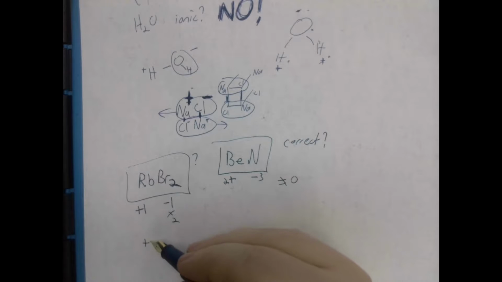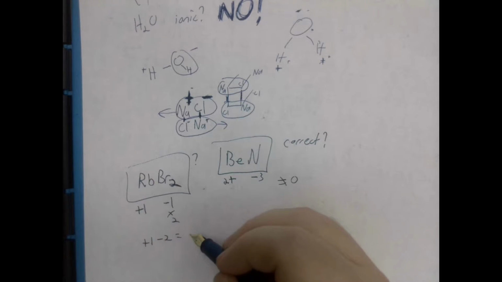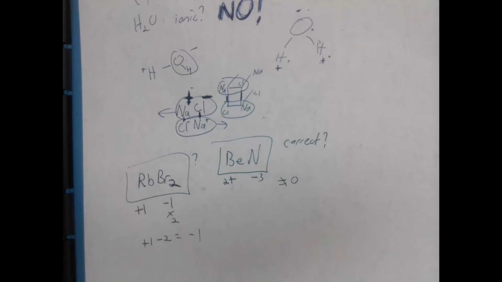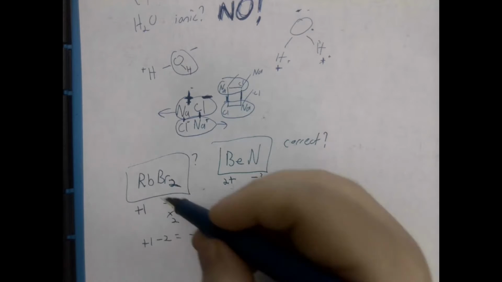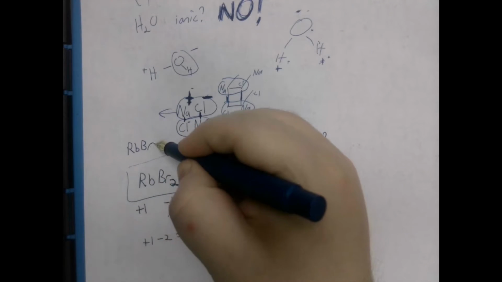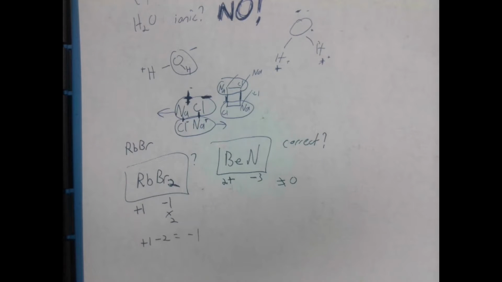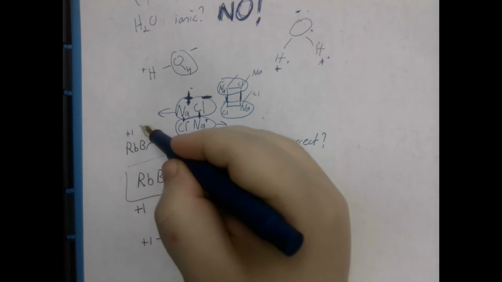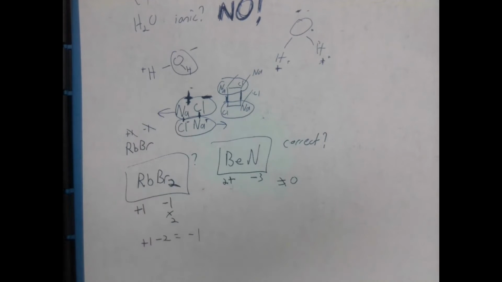So the overall charge is +1 minus 2, which is not equal to 0. What's the correct formula? RbBr. That's the correct formula. We have a +1 and a -1 that cancel each other out.